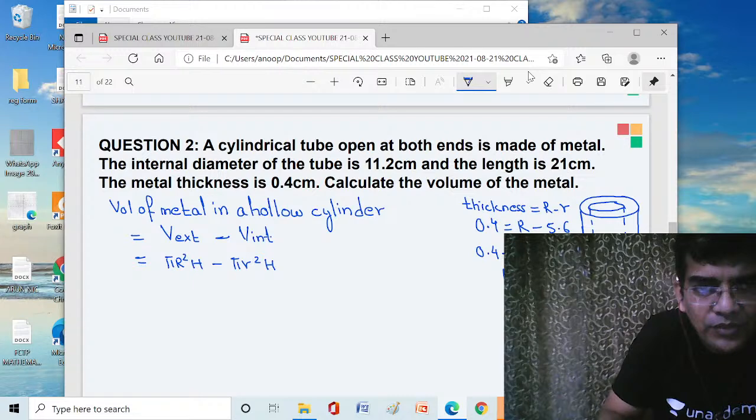Okay, let me show you how. In the algebra portion, you must have learned the formula for the difference of two squares, a square minus b square. Using that, we can further rearrange it: a plus b into a minus b.